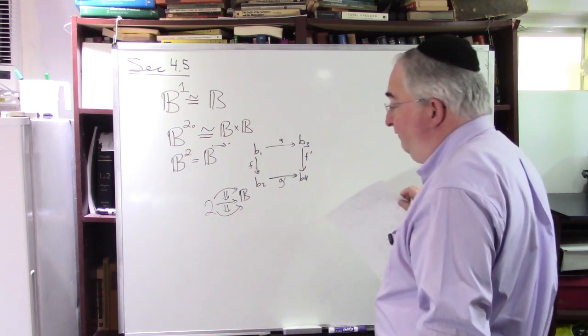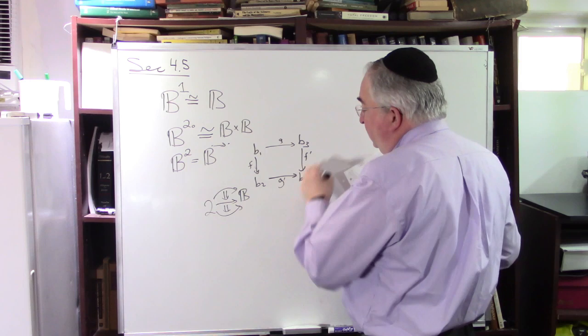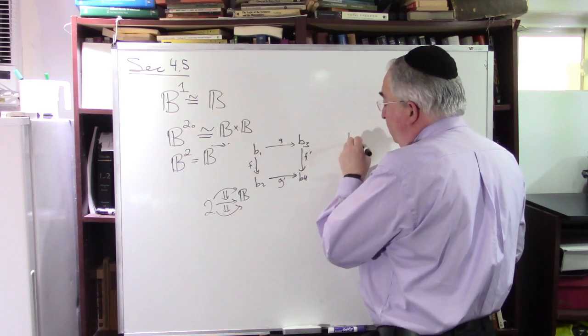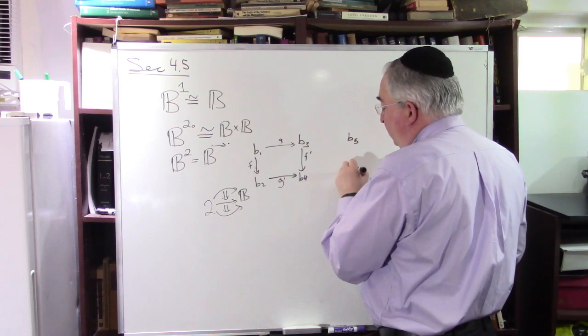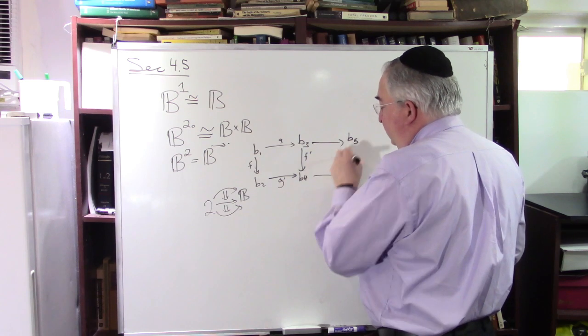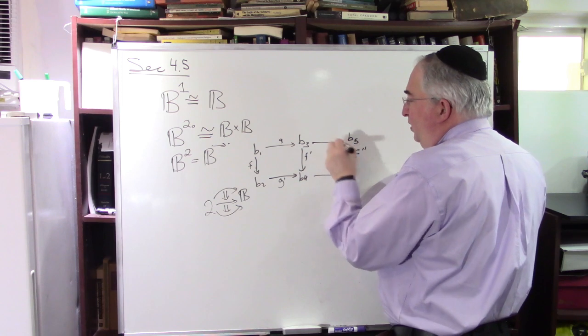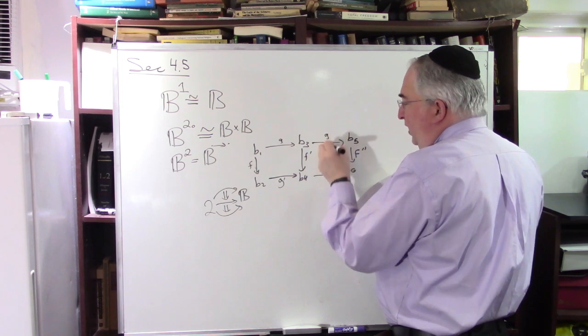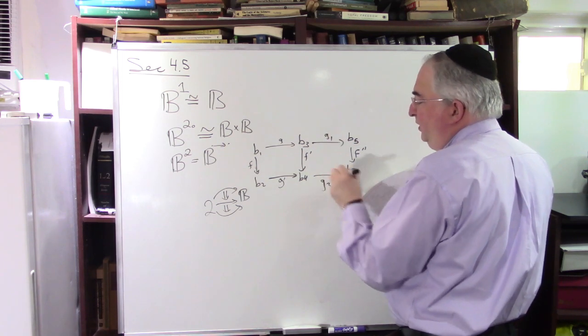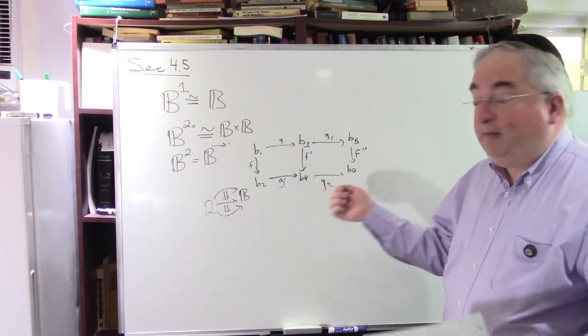So that's a vertical composition, and basically that's going to correspond to doing another thing like B5 and B6 and something like that. Okay, so this is F double prime, and this is G1, G2, something like that. So placing one box next to each other.